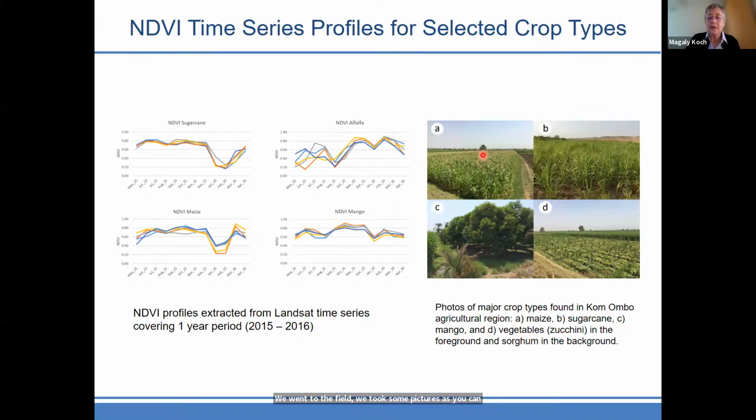So we have here maize, sugarcane, mango trees, and this is a field with vegetables, zucchinis, and so on. And then we took GPS measurements, and we then found these points on the image, and we looked at the NDVI time series using Landsat between 2015 and 2016.